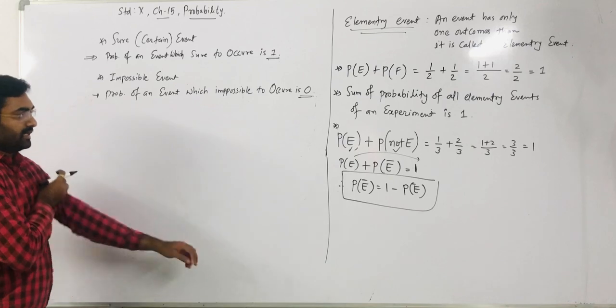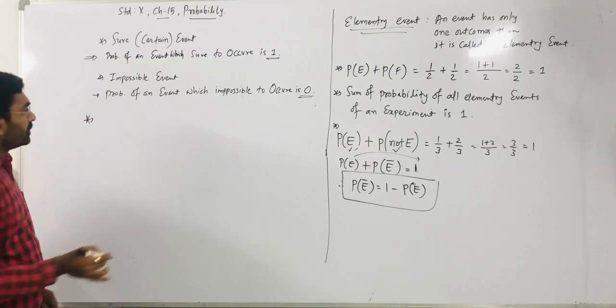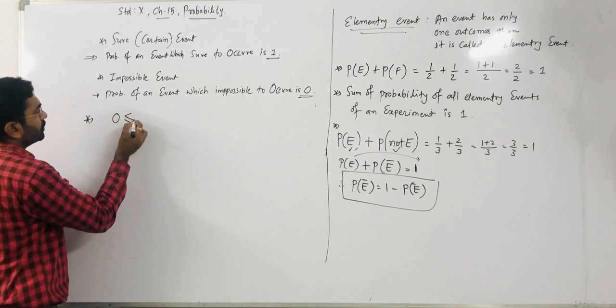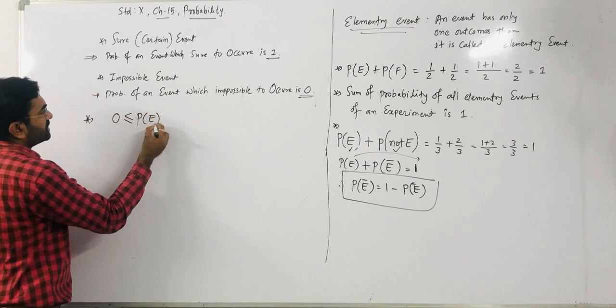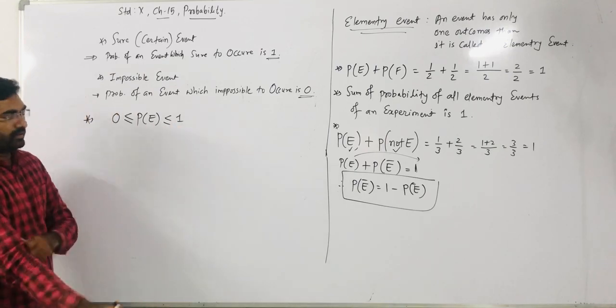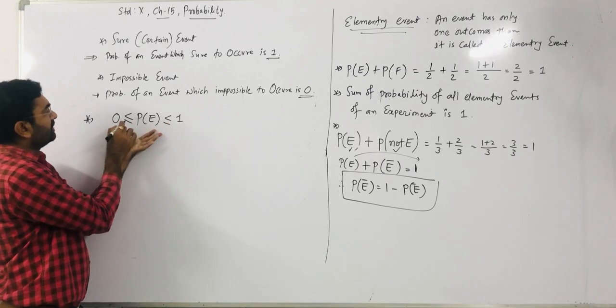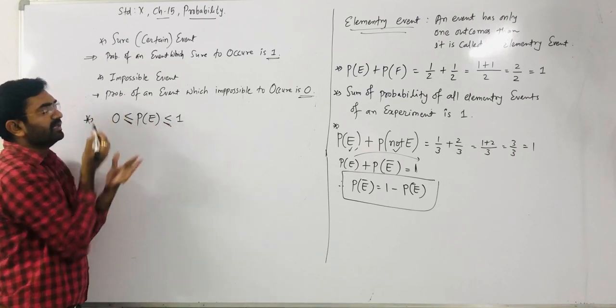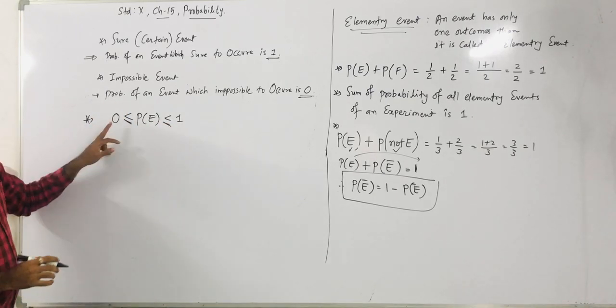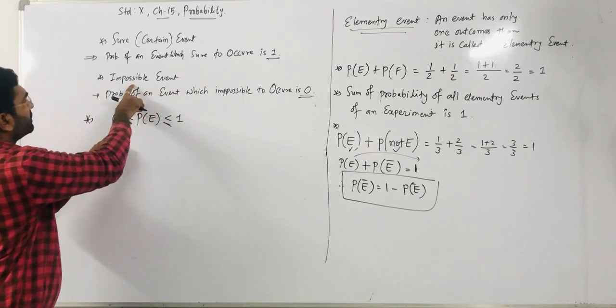So remember that, some important points I mention here. Probability always lies between 0 to 1, in which 0 is included and 1 is included. Any event's probability is 0 means it is called the impossible event.